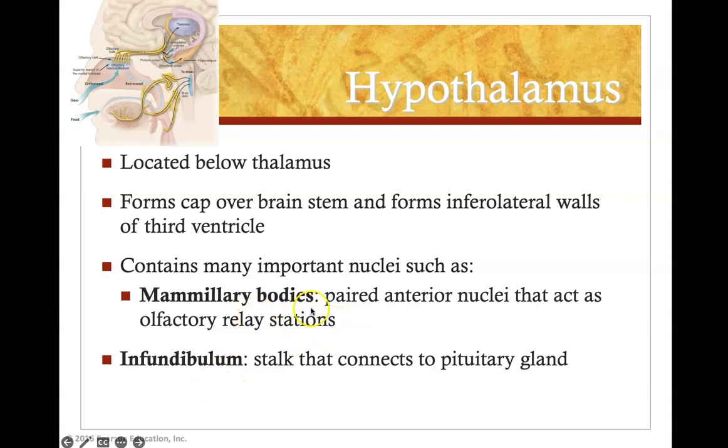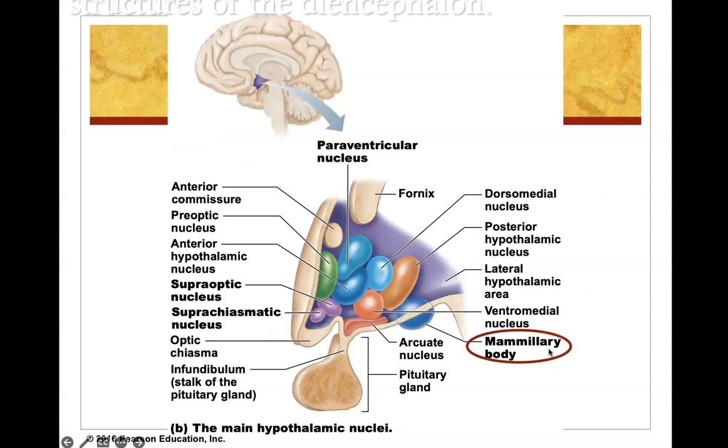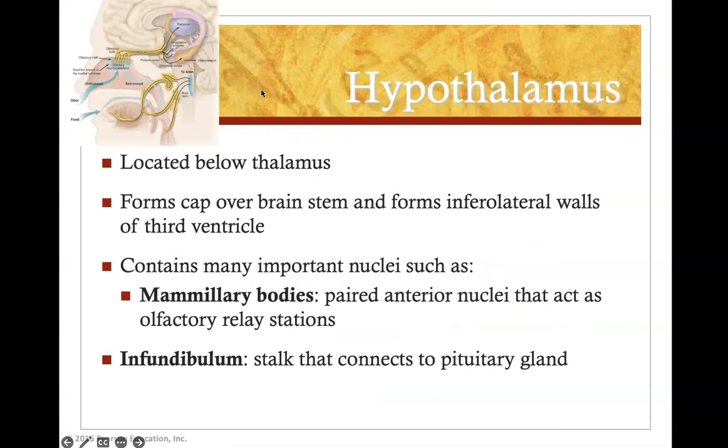So mammillary bodies, let me show you. These are going to be your mammillary bodies here, and they're going to stick out. So again, this will be another structure that you can easily see on your dissections. And these are important because these are going to act as big olfactory relay stations.